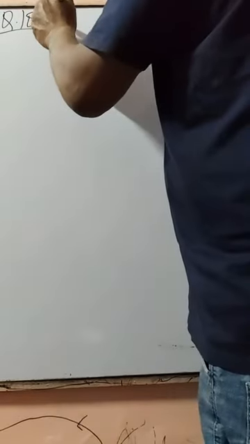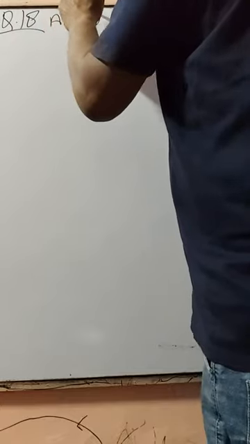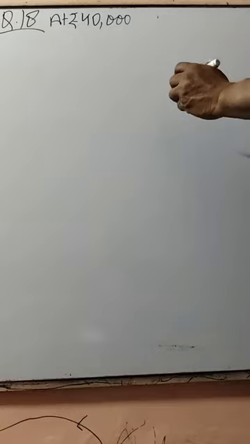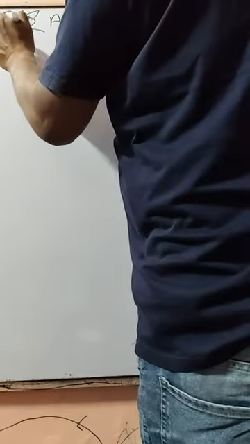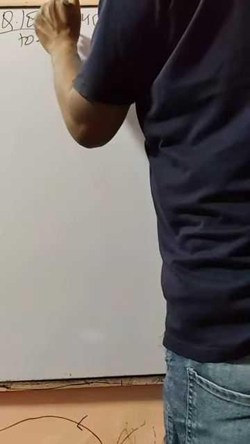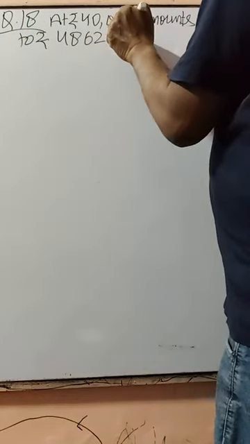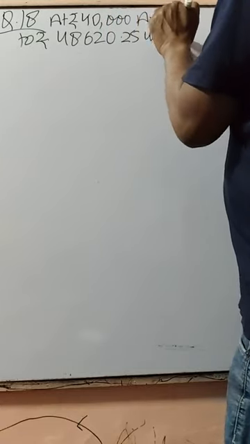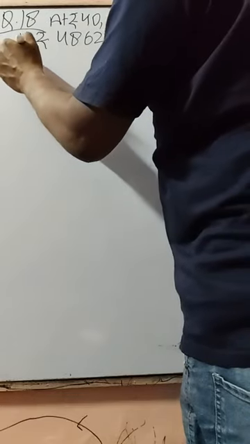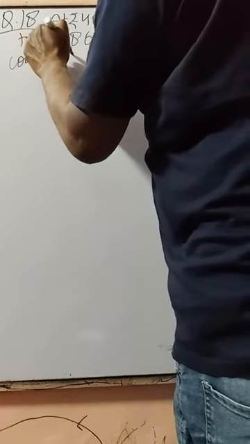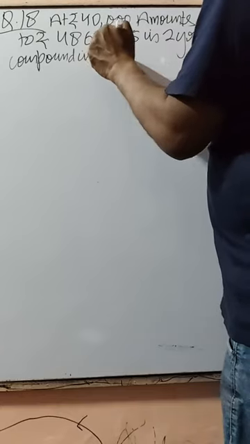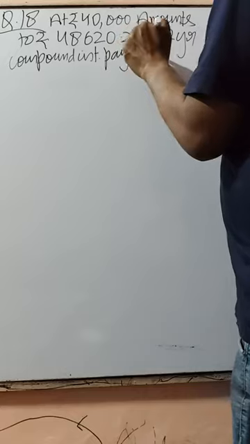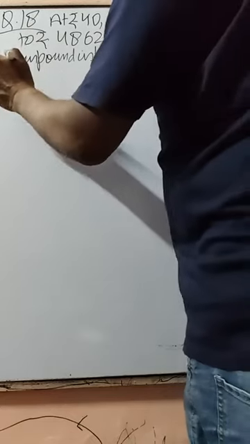Question: Rupees 40,000 amounts to rupees 48,620.25 in 2 years, compound interest payable half yearly.